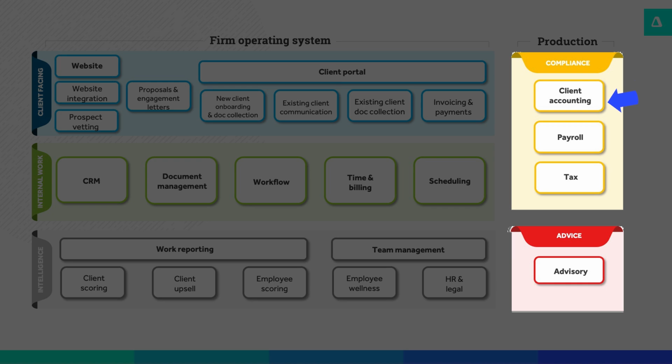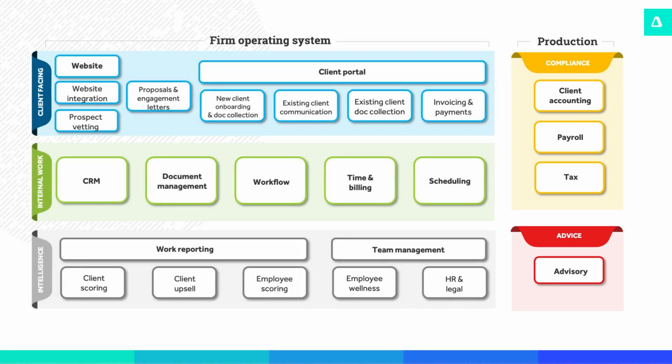Payroll is pretty well built out in the cloud. Tax systems, although somewhat antiquated, are pretty well built out, maybe not in the cloud in the true sense. And then advisory is the other piece, and again, it's not very well built out at all. We're really in the stage of finding those tools.